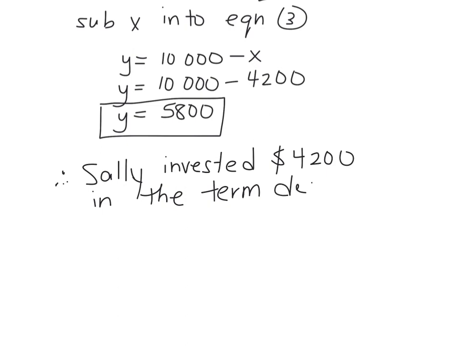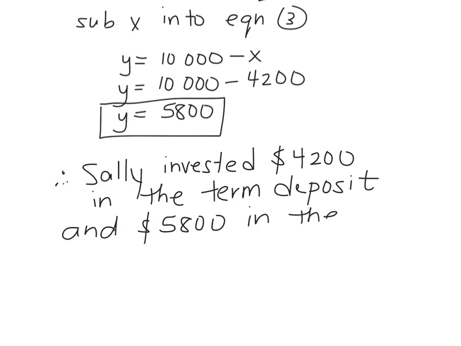Remember, term deposit is what we associated with our x variable, so it has to match up to our value for x. So she invested $4,200 in the term deposit and $5,800 in the savings bond.